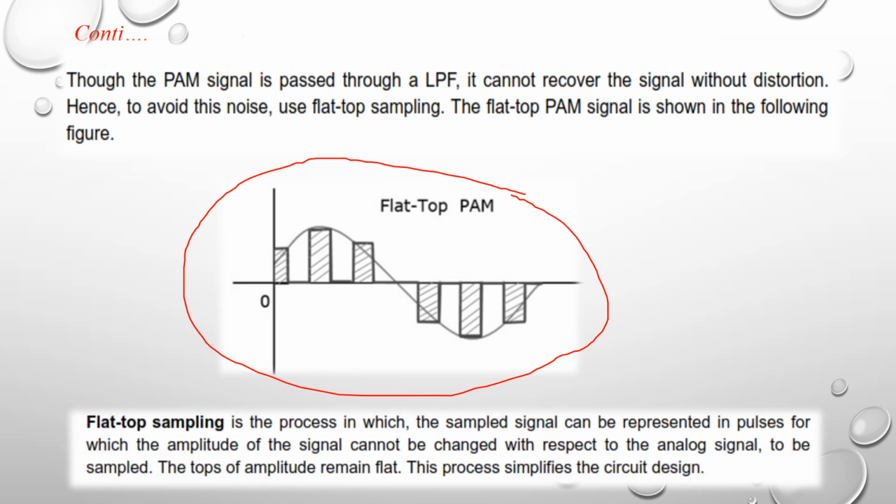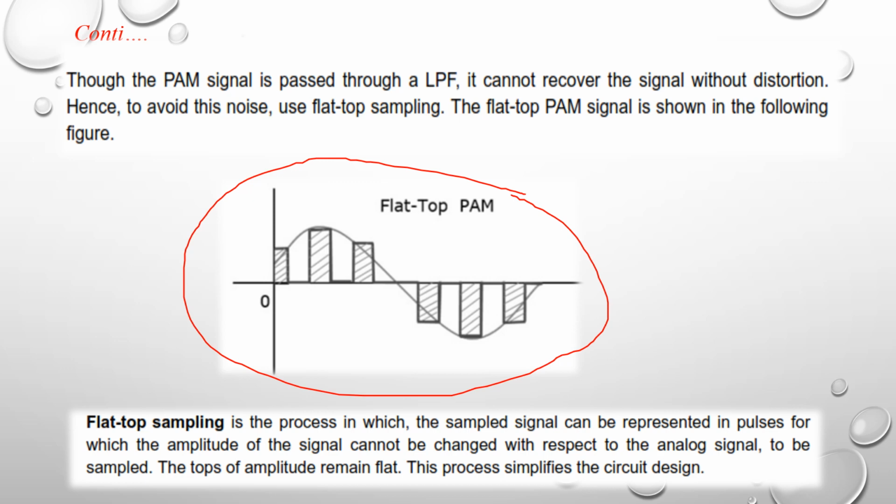Flat top sampling is the process in which the sampled signal is represented in pulses for which the amplitude is not changed with respect to the analog signal to be sampled. The tops of the amplitude remain flat. This process simplifies the circuit design.